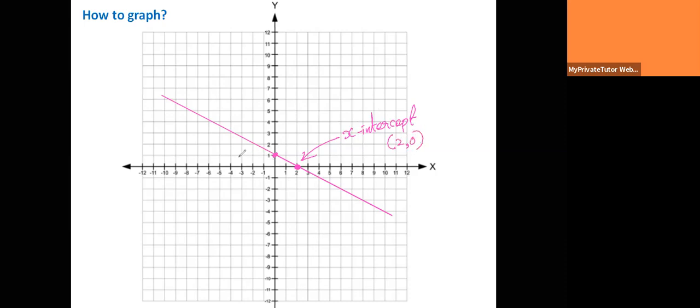And this is the y-intercept, which is (0, 1). Perfect. Yes, Sultan. I hope you understand how to find the x and y-intercepts both ways, when the equation is given and when the graph is given. Okay.